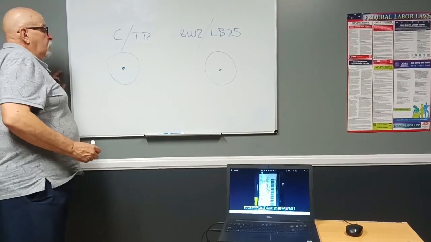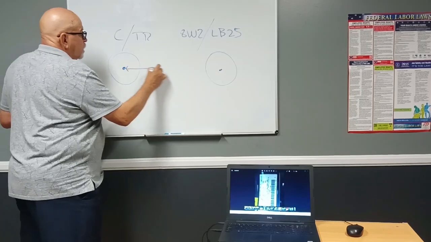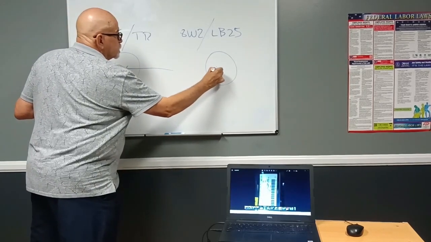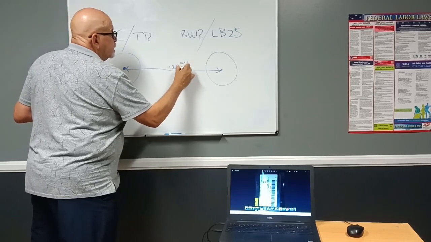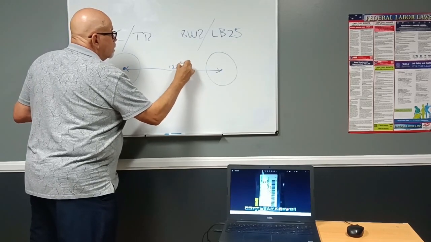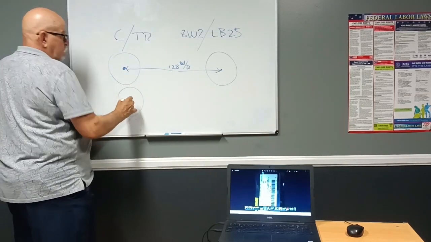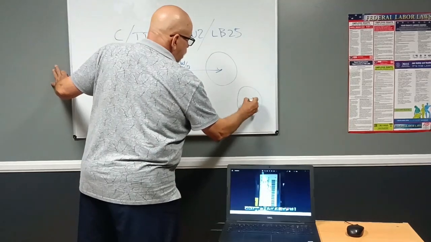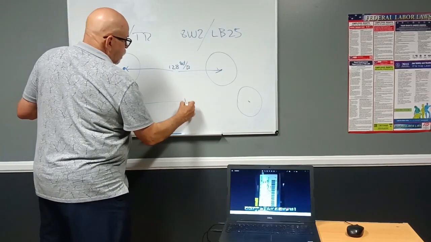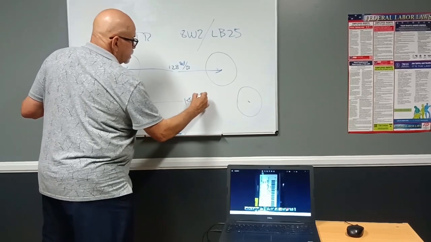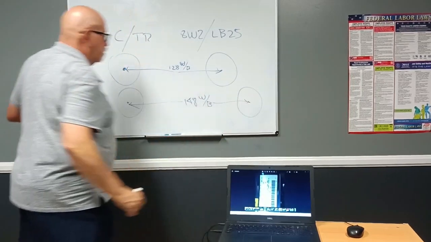So let's say they'll give the parts guy an option. Okay, it's either the 128 wheelbase, or one that's a little longer, or the 148 wheelbase, from here to here.